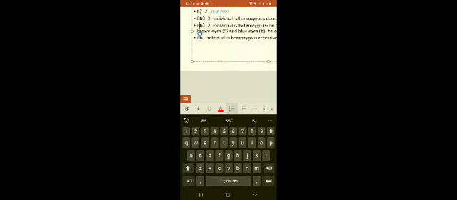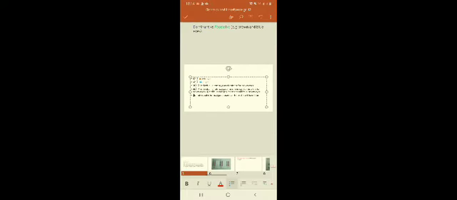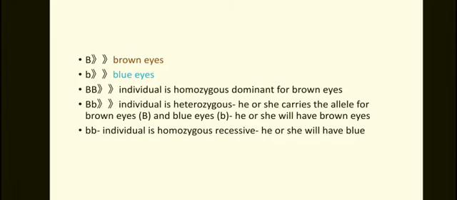So now we say that that individual is heterozygous because that individual carries the allele for brown eyes and also carries the allele for blue eyes.